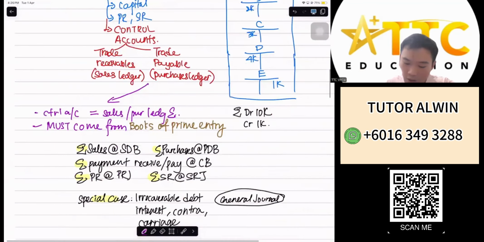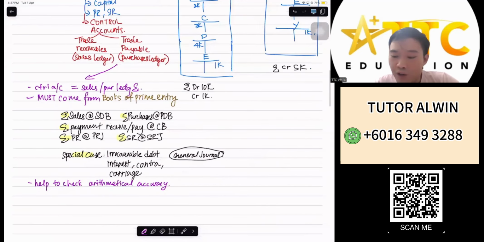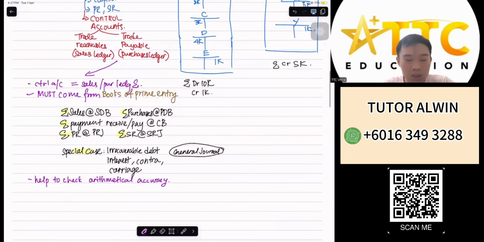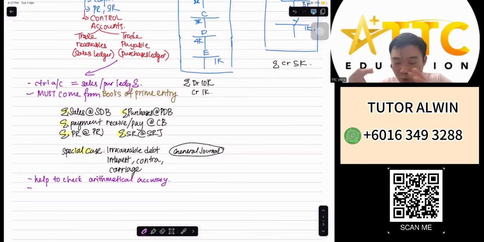So what will this control account serve as? It can help to check your arithmetical accuracy, whether any figures were mistakenly added, casting errors, when you calculate the totals between your sales ledger, purchase ledger, and the control accounts. Which one is correct?